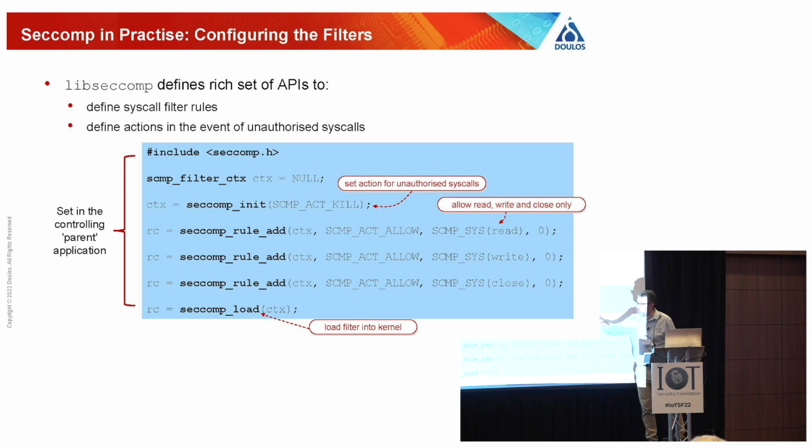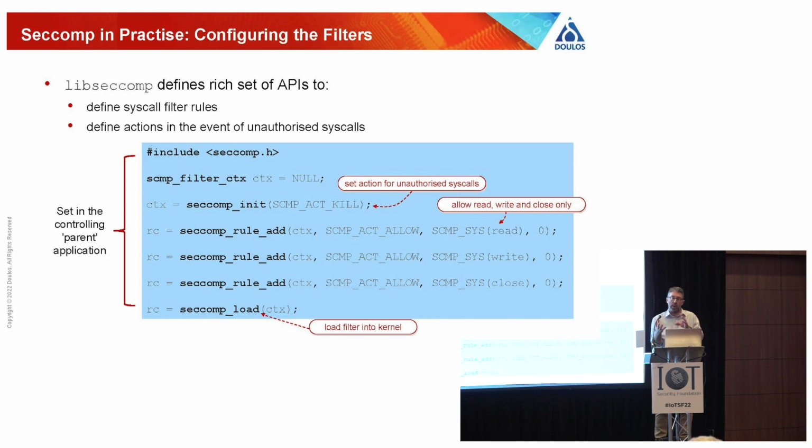And then we're effectively putting pinholes of what's allowed. We're adding rules, each set to allow in this example, with the name of a system call. We're going to allow reads, writes, and closes in this instance. The 0 at the end here hides a great deal of complexity. You can actually set the parameters that you're going to allow as well.